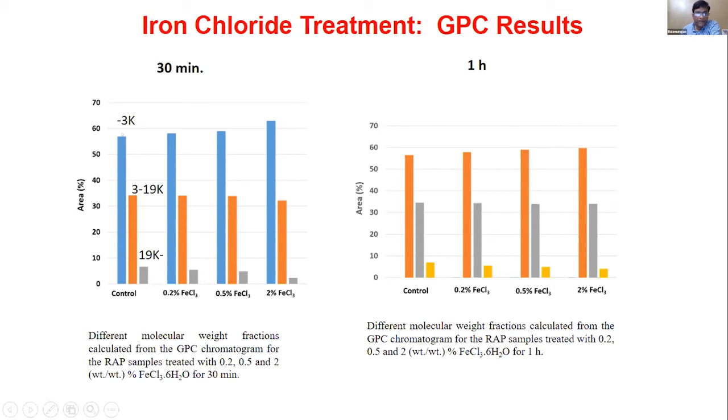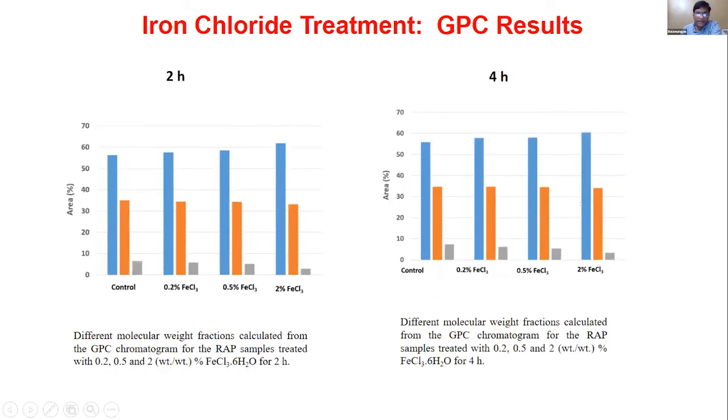The low molecular weight fraction is progressively increasing because it is relative, and the middle molecular weight fraction is not decreasing much, which is what we want. This is the same result for 1 hour, and we can see a similar trend, and likewise for 2 hours as well as 4 hours.